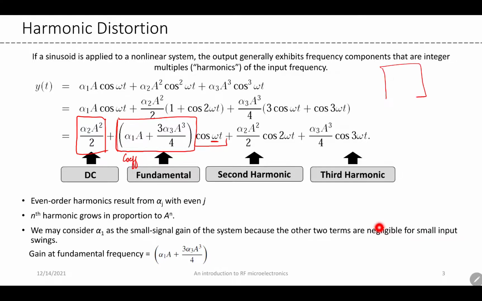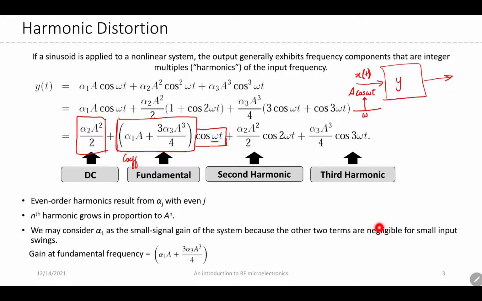So if I have a system y and I provide a function x of t, where x of t is a cos omega t, the input is x of t, and on the spectrum it is just one frequency omega, but the output has a lot of things.